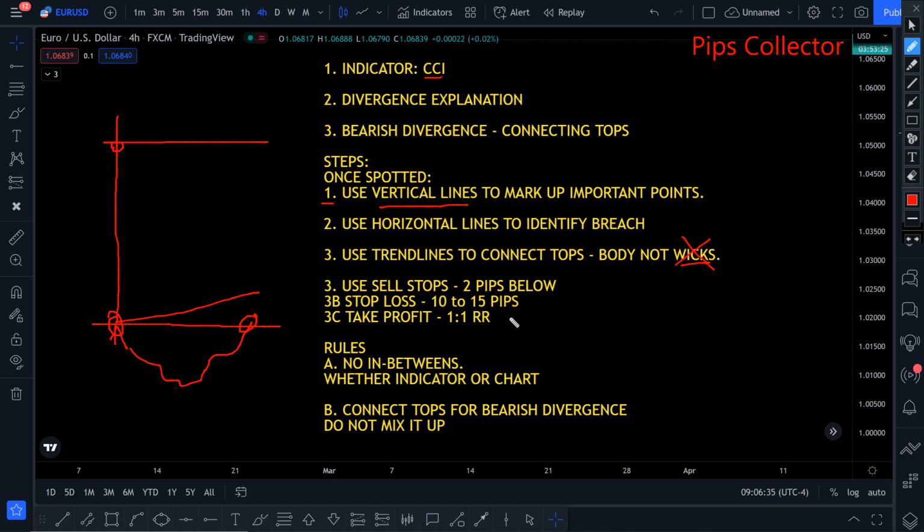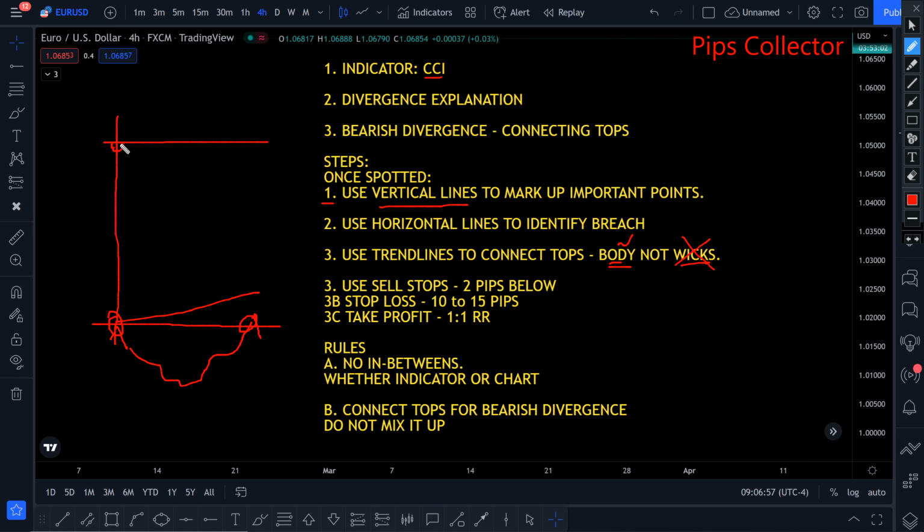Now we are connecting bodies: a body on the chart with another body on the chart, then a peak on the indicator with another peak on the indicator. While you are connecting bodies on the chart, you are connecting peaks on the indicator. I must stress this.